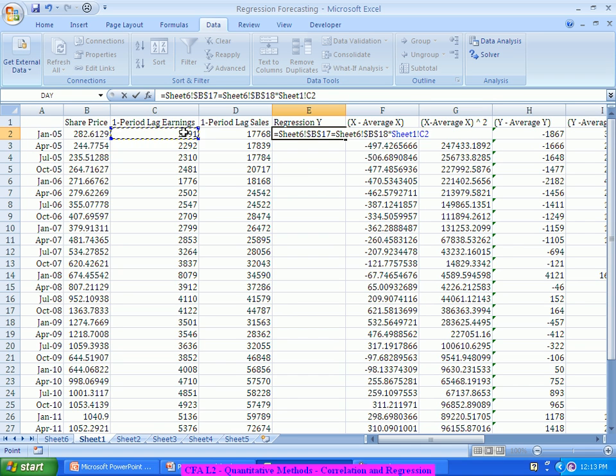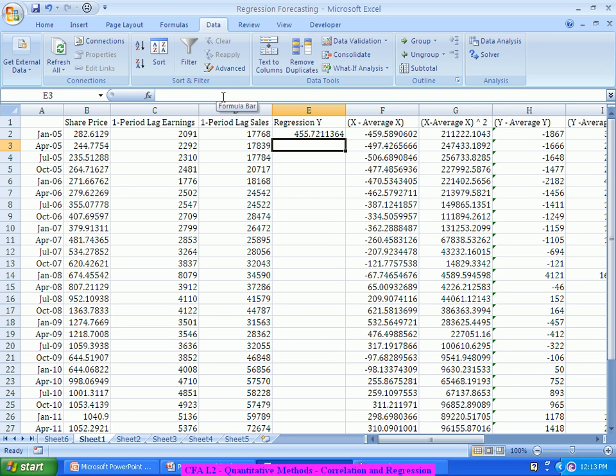Based on that, I'm trying to find out what should be the value of y if I use the regression equation. So 455 should be the value, which means my regression value is 455, whereas my actual is 282 only, right?